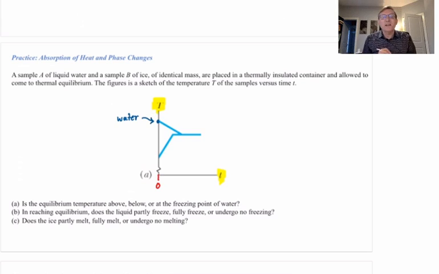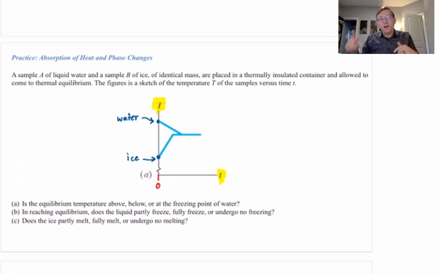There's the dot representing the temperature of the water, and there's the temperature of the ice. They are at different temperatures, but they are in contact so they can exchange energy as heat. You obviously know which way the energy transfer will go, from the higher temperature object to the lower temperature object, so from the water to the ice.